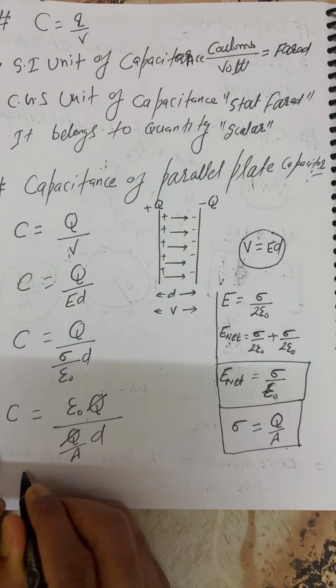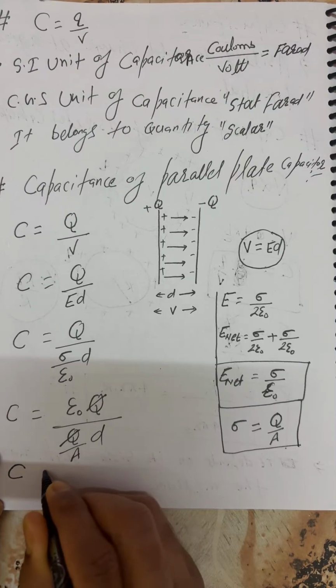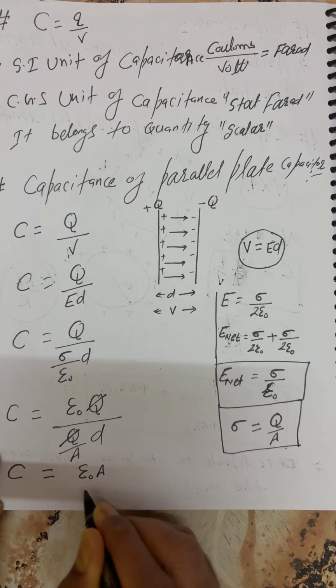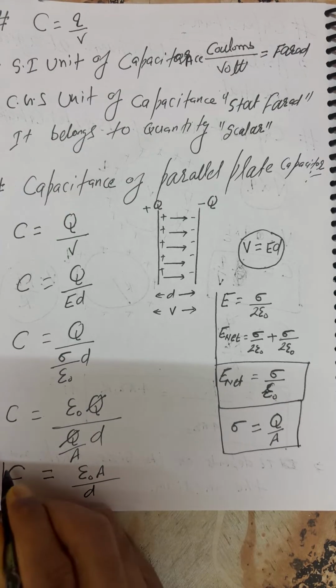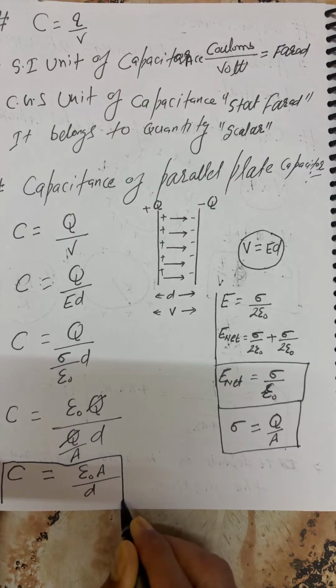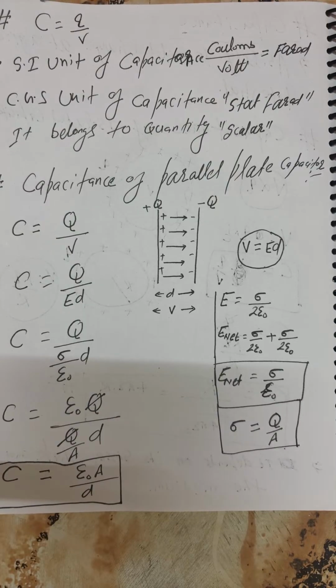Finally, you can write C equals epsilon naught into A by D. This is the formula which we will use further. C is epsilon naught into A by D, right?